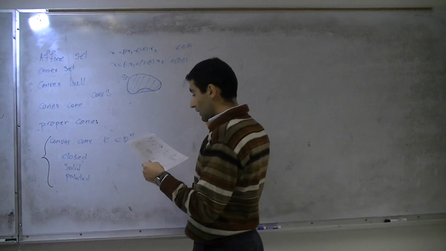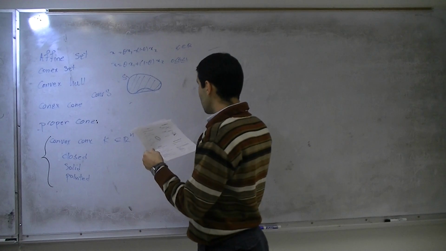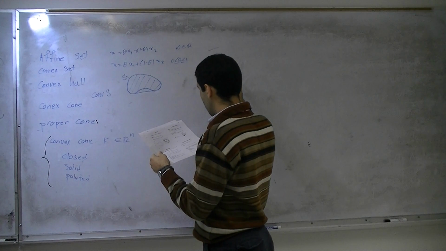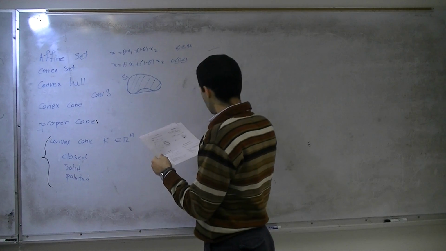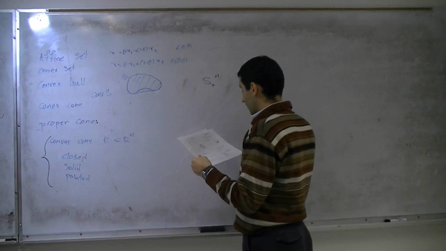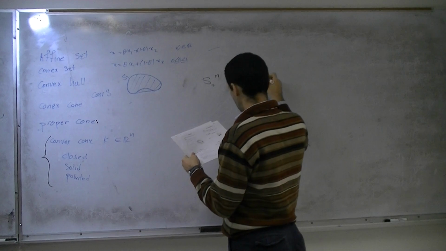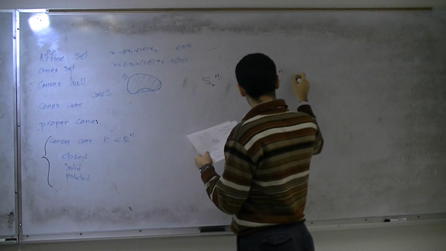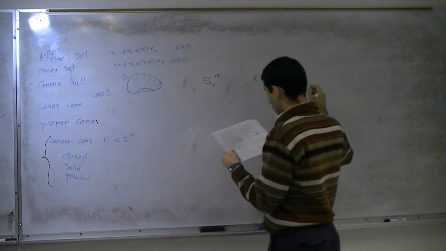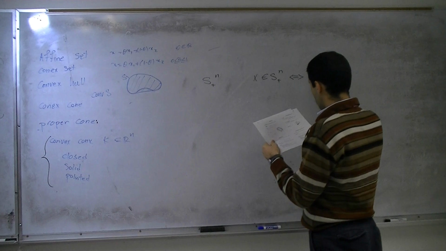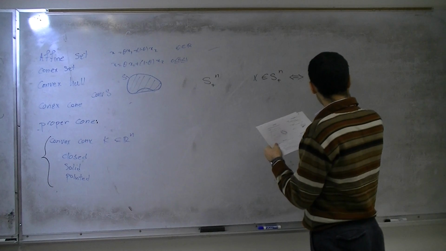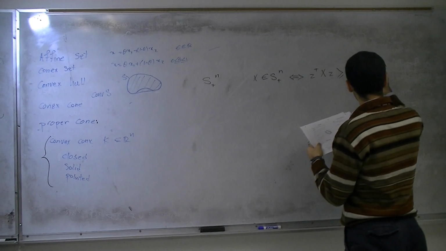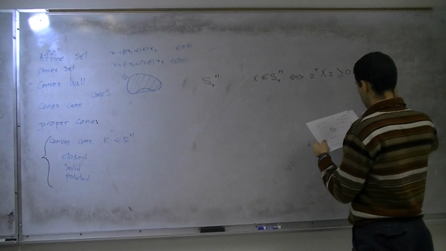We had the positive semi-definite cone, and we defined S plus n as the set of matrices A such that for any vector c, c transpose A c is bigger than or equal to 0 for all c's.